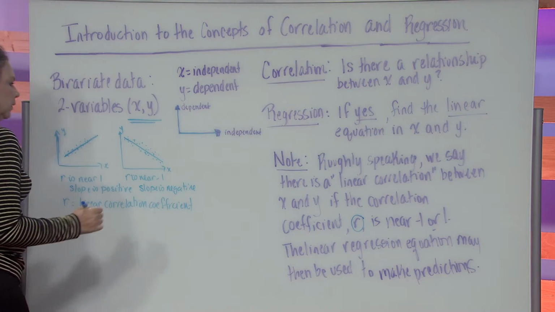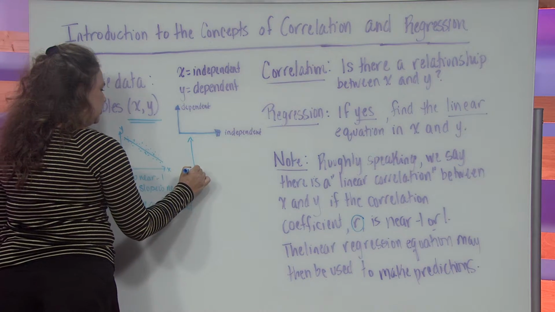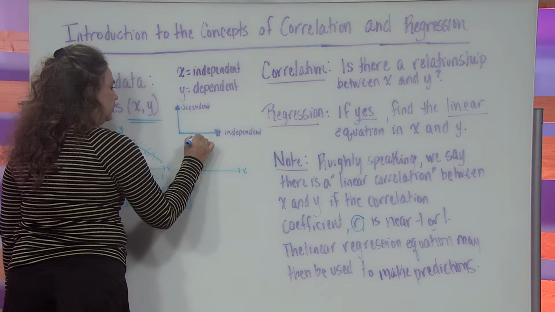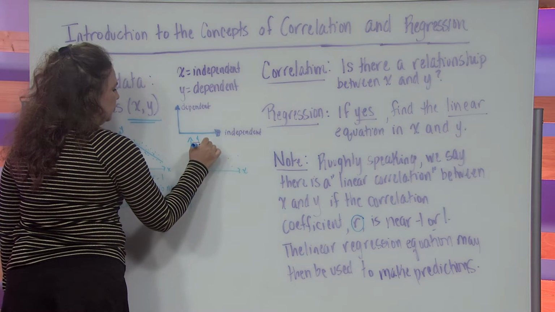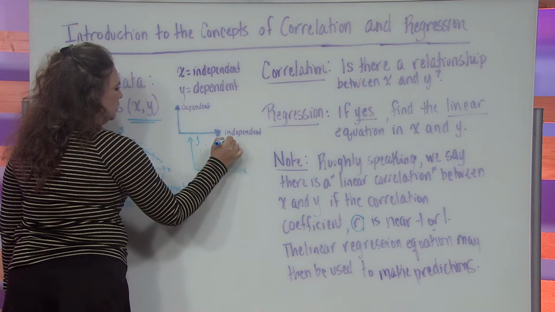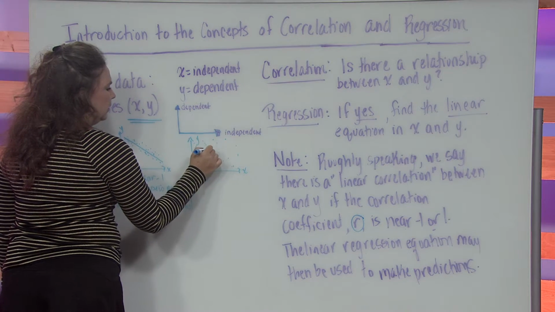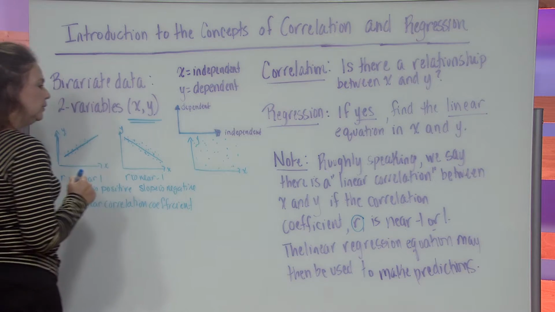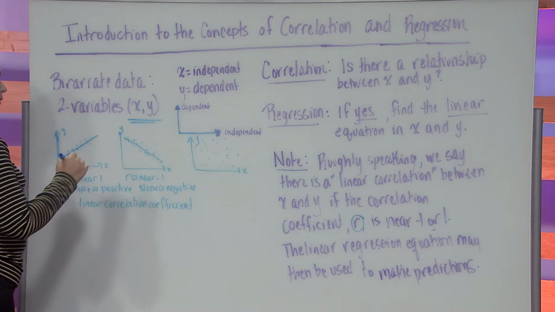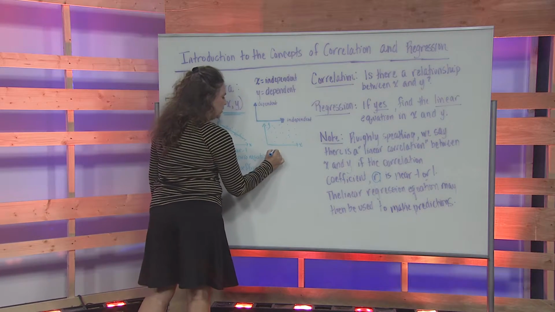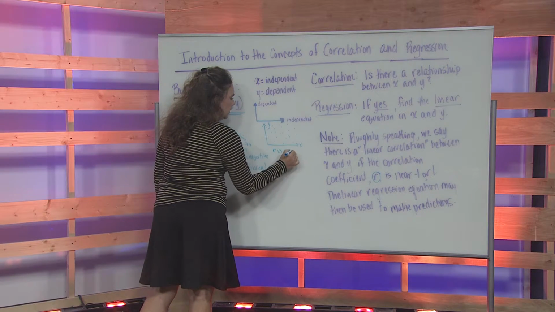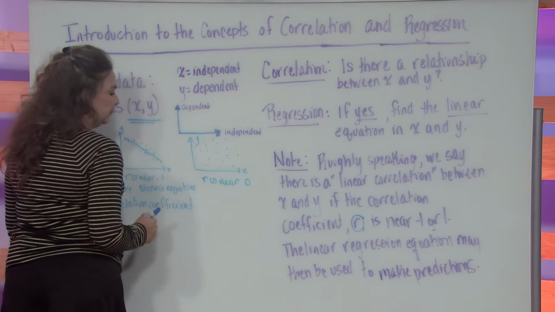And another situation we may have, X and Y, is the data points are all over the place. It doesn't appear that there's a line that goes through that data set, whether positive slope or negative slope. So in this case, R is near 0.